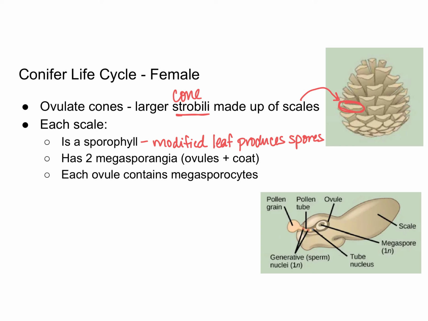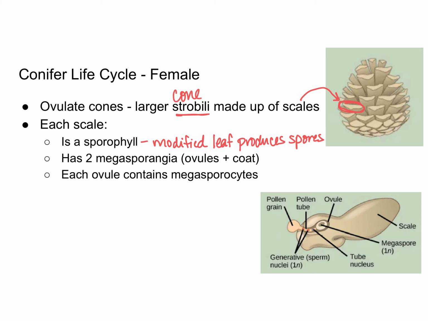Now each scale has two megasporangia, and megasporangia are just the female structures that are going to produce the female gametophyte. So each megasporangium consists of an ovule surrounded by an integument, or a coating of cells.